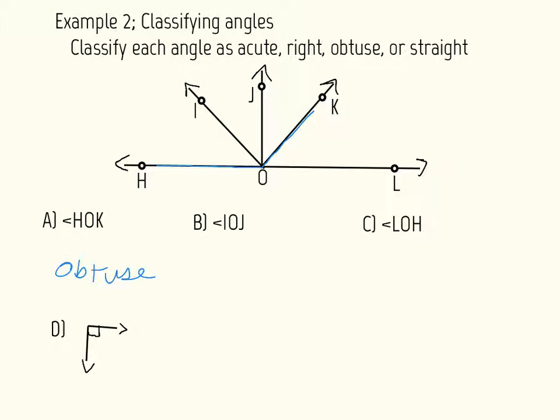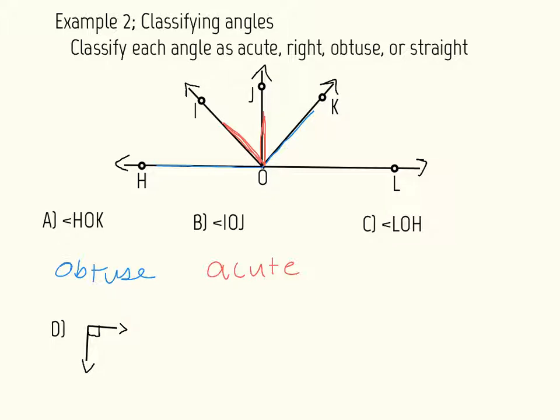Then the next one we have is angle IOJ, right there. That seems like a very small angle, less than 90 degrees, so that's going to be an acute angle. And then next one, we have angle LOH.